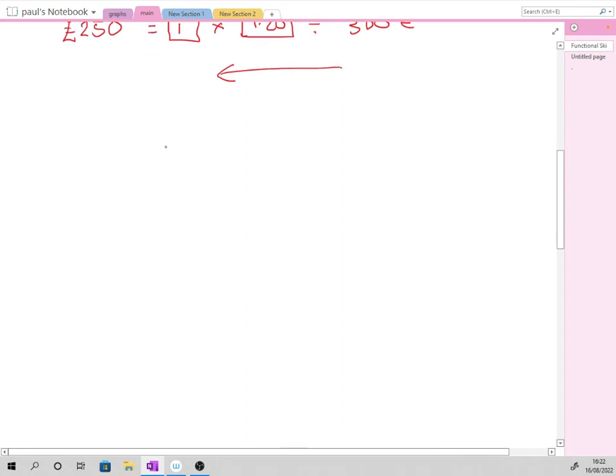So we had something a bit crazy to say that 3.8 dollars is equal to 3.5 euros.